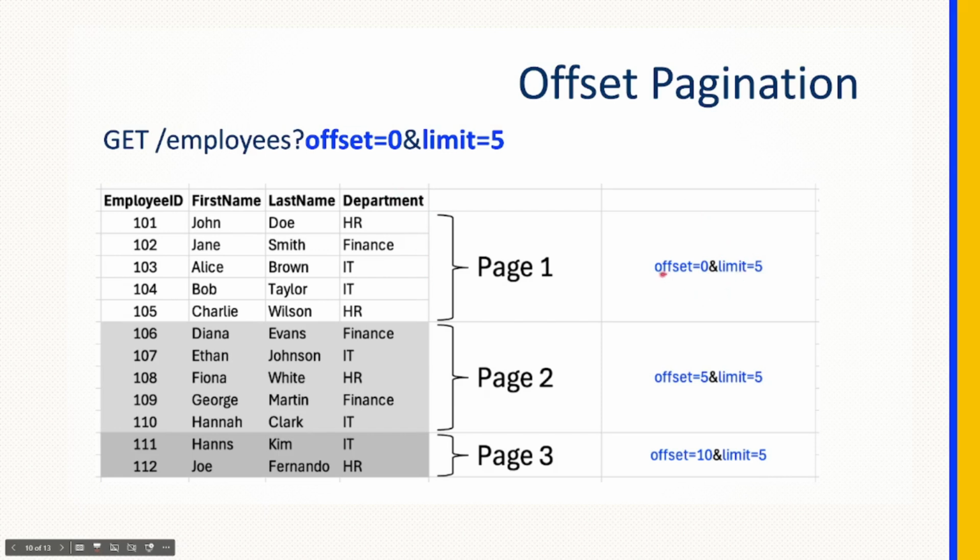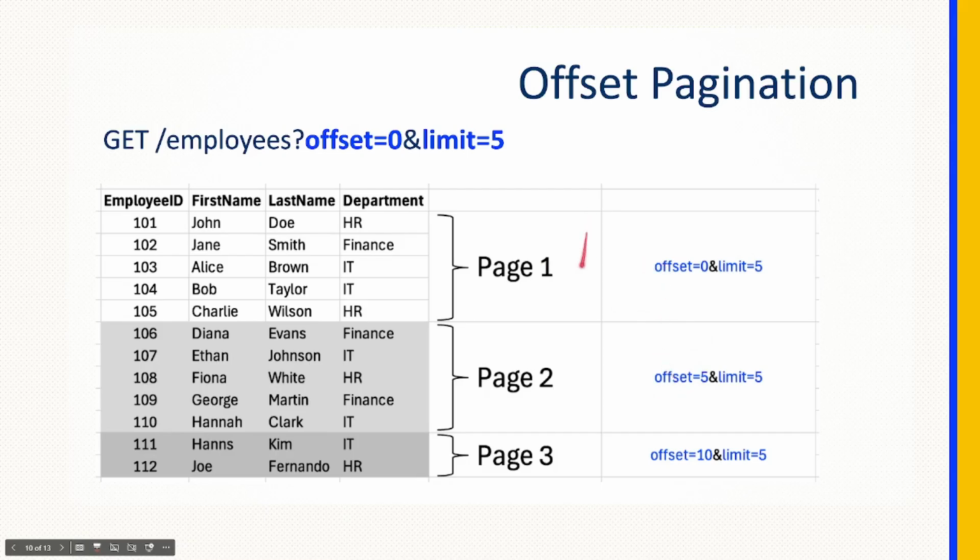So when we set the offset as 0 and limit as 5, we get the first 5 records. So the offset is 0, so we are not skipping any records, and we want to get 5 records. That is our first page. To retrieve the next page, what we do is we change the offset.